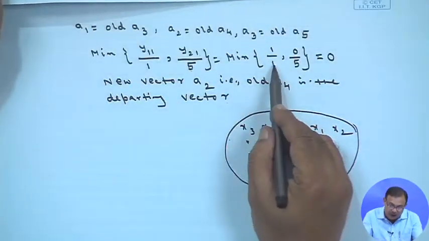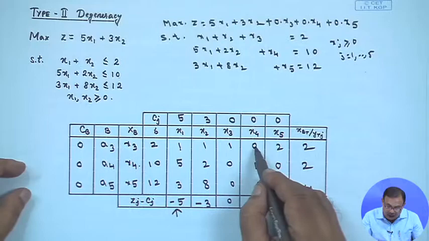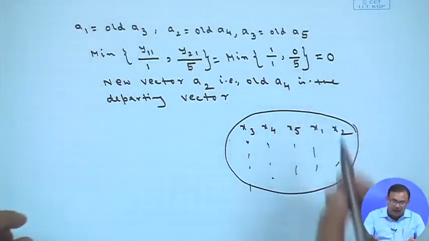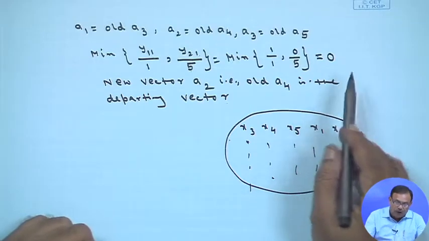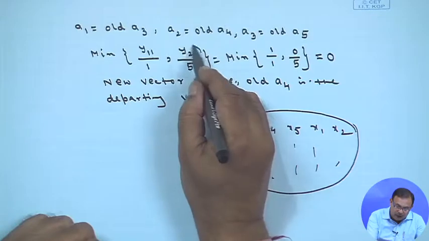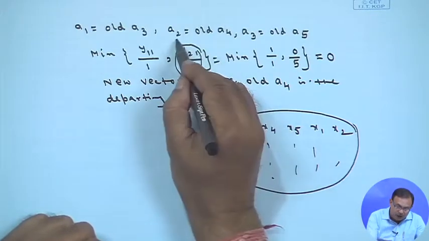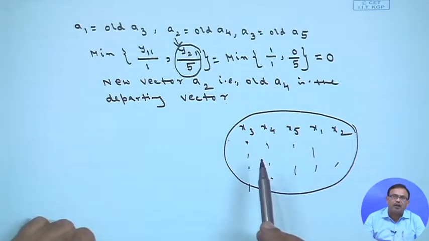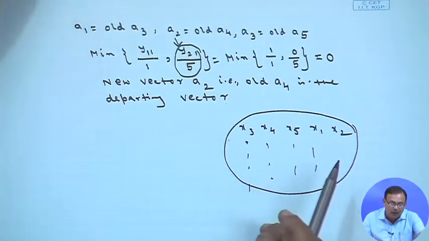So, I am writing 1 by 1, and in the second row it is 0, so it is 0 by 5 and it is equal to 0. Therefore, the minimum is occurring for this ratio, which corresponds to the vector A2. So, the new vector A2, that is old vector A4, will be the departing variable.